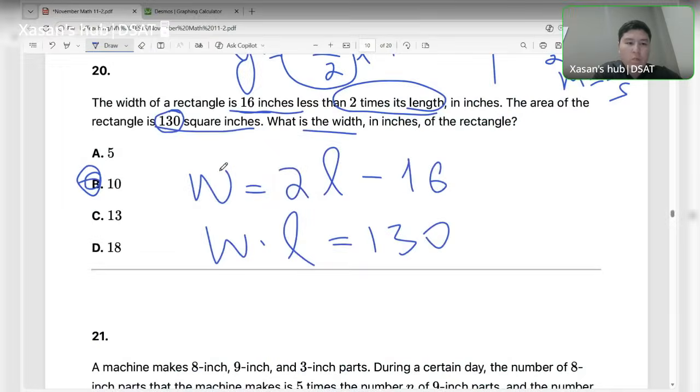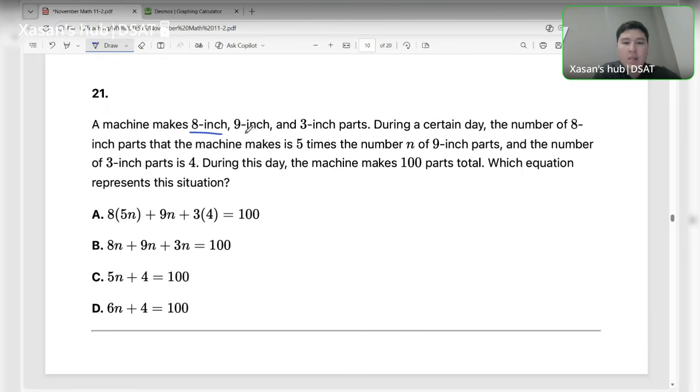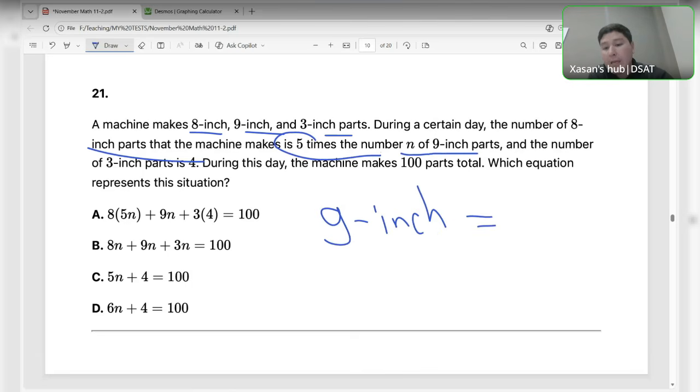And question 21. A machine makes 8-inch, 9-inch, and 3-inch parts during a certain day. The number of 8-inch parts that the machine makes is 5 times the number of 9-inch parts. Guys, 9-inch parts you are making n, and the question says 8-inch parts is 5 times, which is 5n.